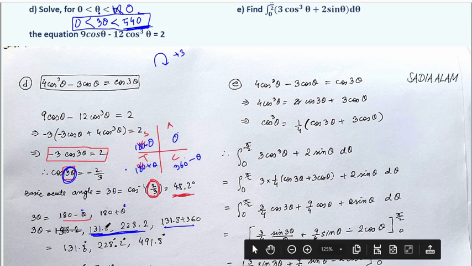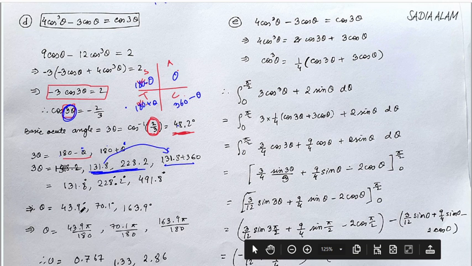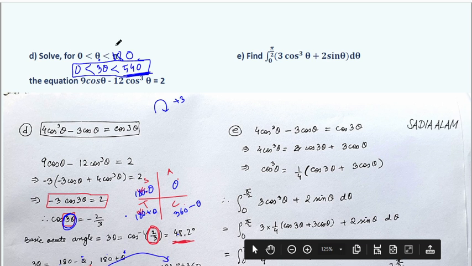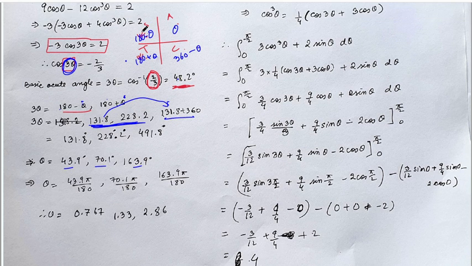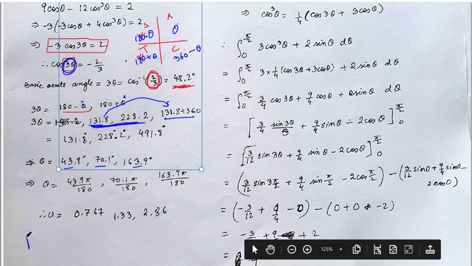Okay, so two original values, and then after rotation you get the third one. So these are the values for 3 theta. Now you just divide by 3 to get the value for theta. Then again, the initial range was in terms of radians. To convert any values from degrees to radians, you just need to multiply by pi by 180.